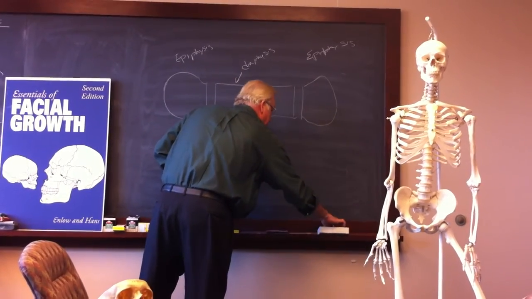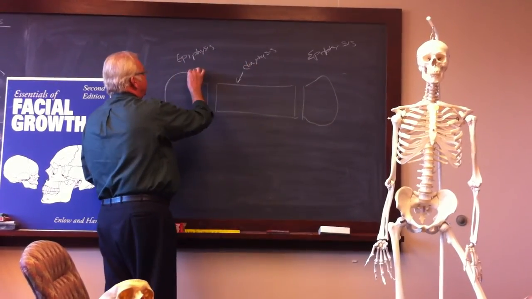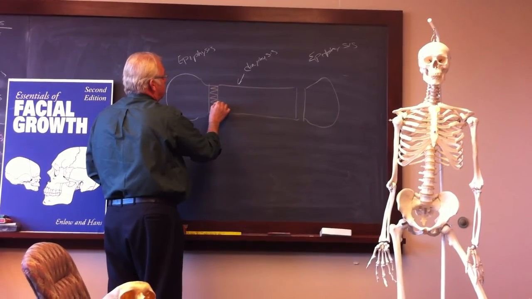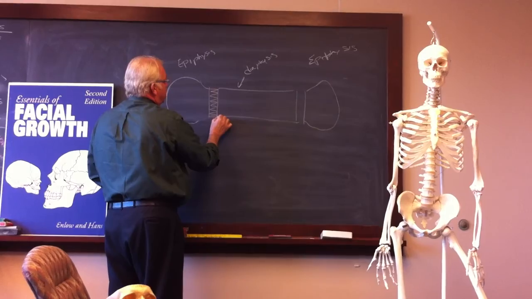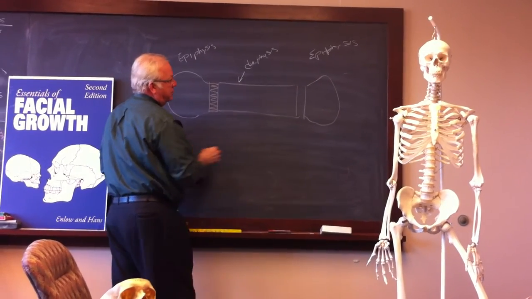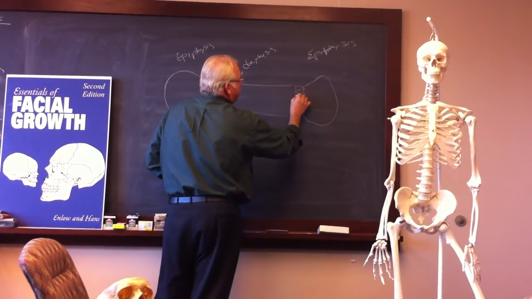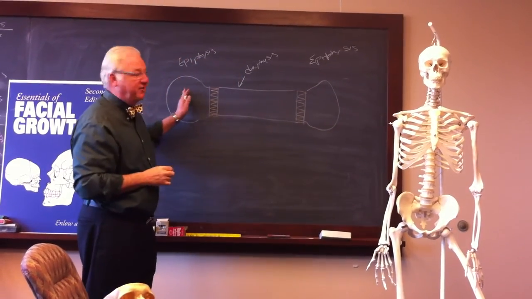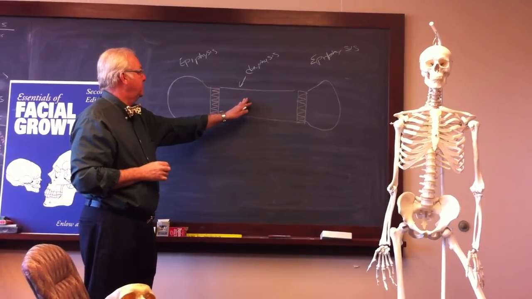In between the diaphysis and the epiphysis is the epiphyseal growth cartilage. So we've got growth cartilage here in the long bones between the epiphysis and the diaphysis.